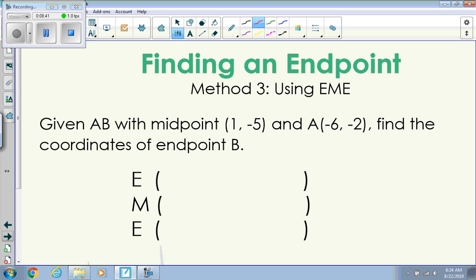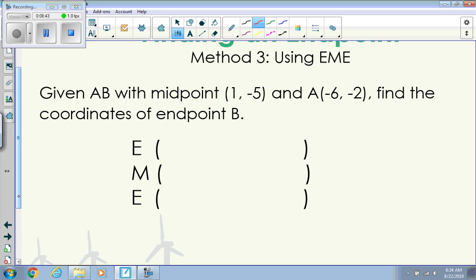All right. The last one is, I think, the quickest method, and I call it EME. It kind of looks like a caterpillar as well. You put your endpoint, midpoint, endpoint. So our midpoint here is 1, -5, so we stick 1, -5 in there. And then our endpoint is going to be -6, -2.